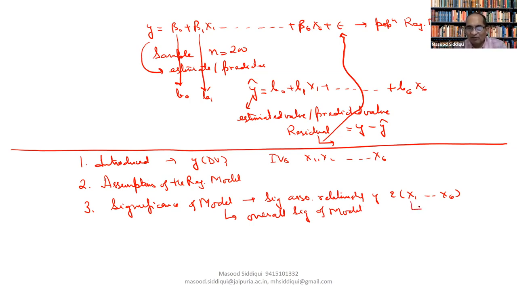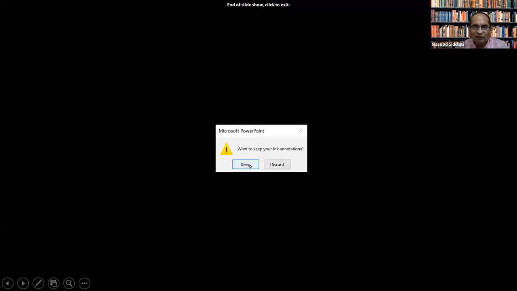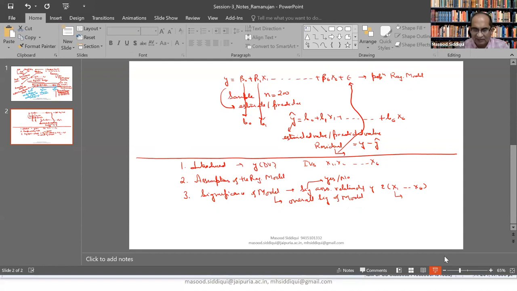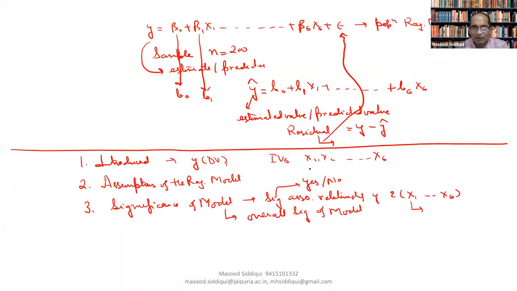So here, obviously, there may be two answers of this significance. The answer may be yes, the answer may be no. If the answer is yes, we will move forward. Right? If the answer is no, it means the model comes out to be insignificant. There may be some reasons.